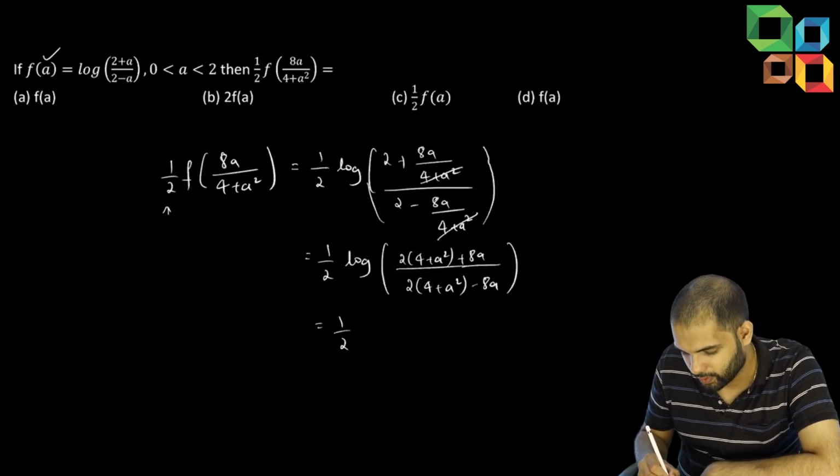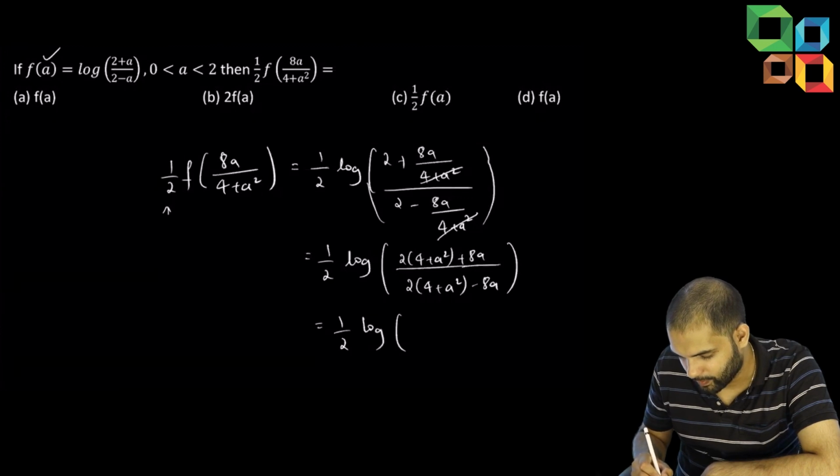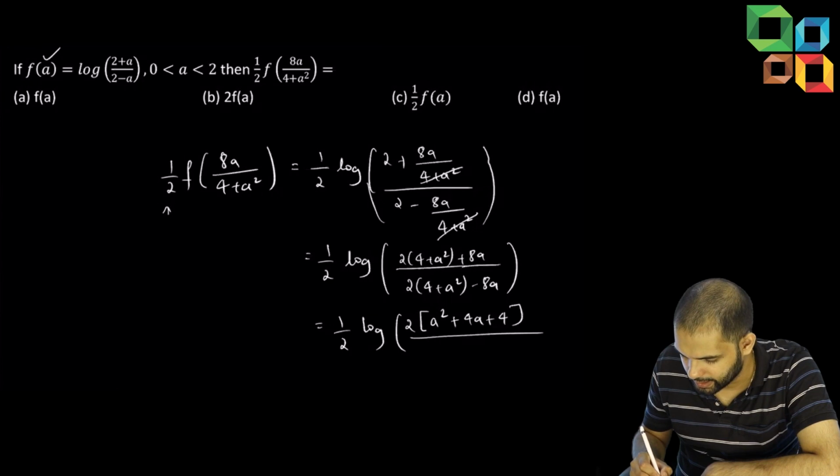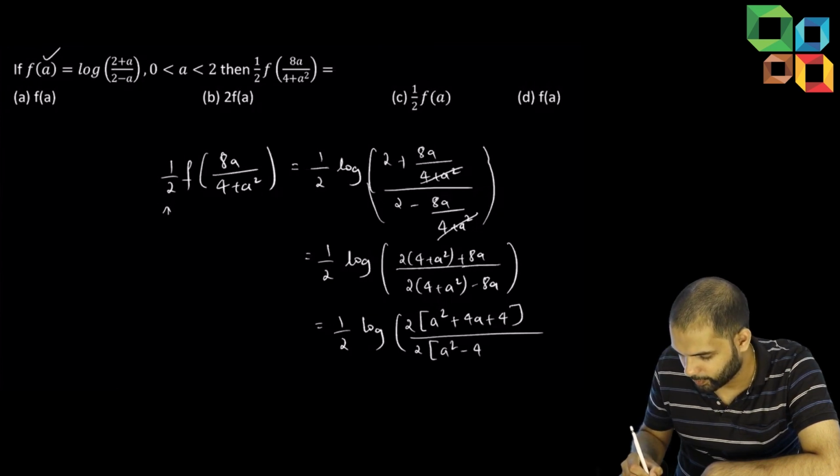Now this is half log of, what are these terms? 2 is common, so let me take 2 outside. So a square plus 4a plus 4. The denominator, if I take 2 common, is a square minus 4a plus 4.